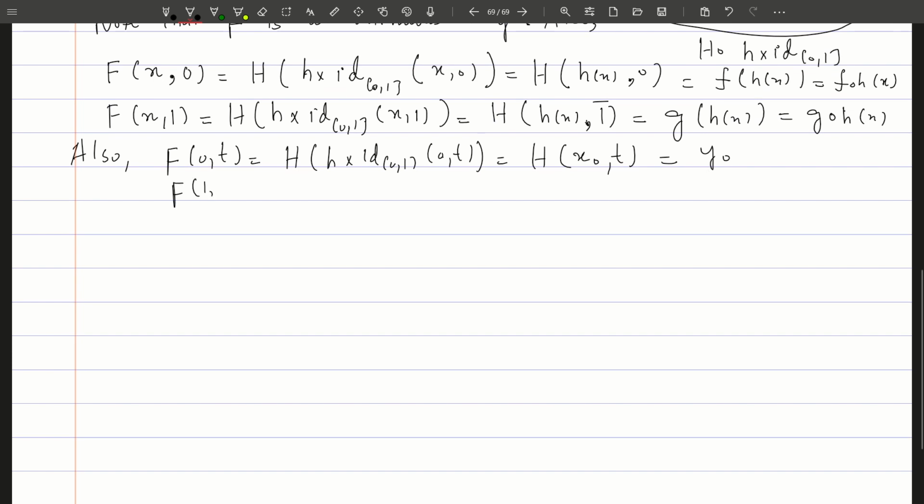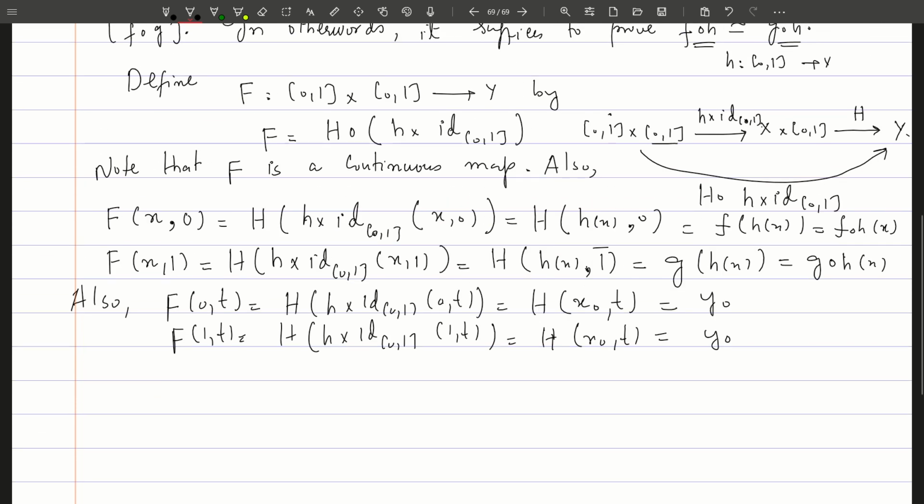Also F of (1, t) is H of (h cross identity on [0,1]) of (1, t). So h takes 1 to x naught again, because h is a loop based at x naught. So this is y naught.